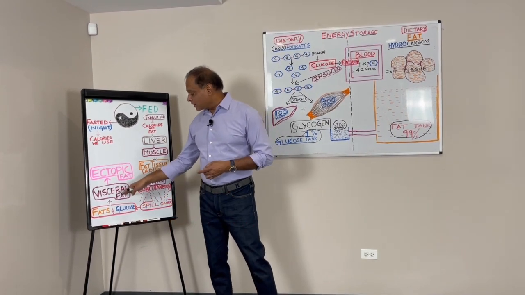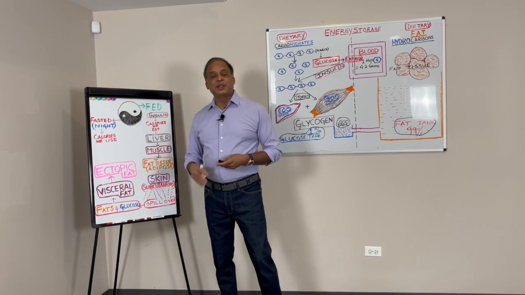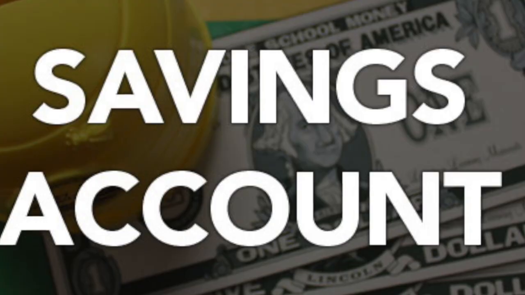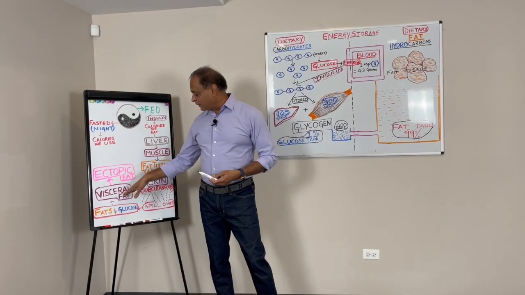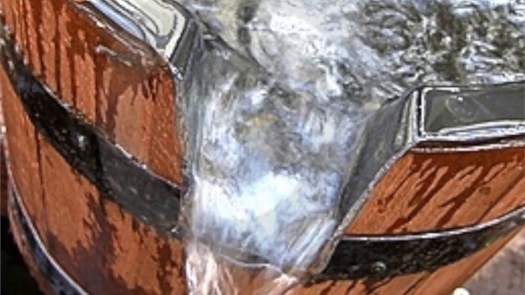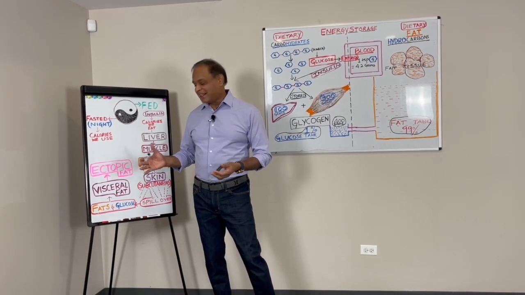So this is the visceral fat, which you can say is like your savings account. From the savings account, next it spills over. Now it is becoming maybe even real estate, if you want to give that analogy.